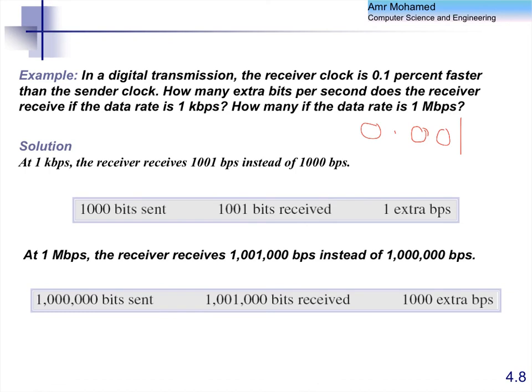But regardless, if I have 1 extra bit for whatever number of bits, this means that the bits that I can recognize at the receiver are different from the transmitter. So in some applications, this can kill the entire application. Imagine if you have a zip file.